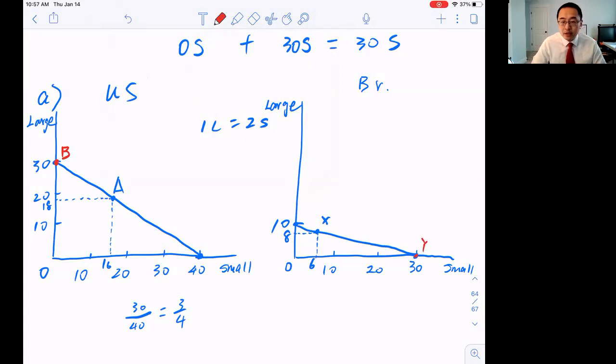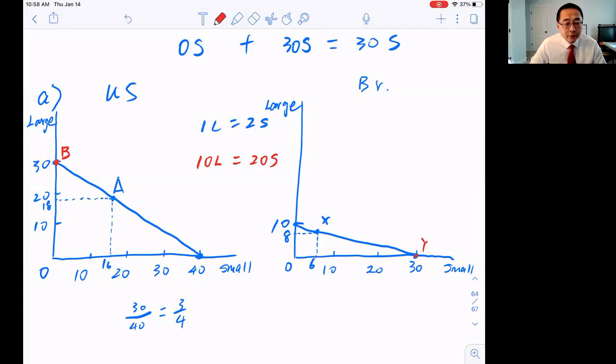Now we come together and trade. We can trade any quantity, the effects are the same, but for simplicity, let's pick a nice whole number. Let's say that the US trades 10 large airplanes with Brazil. So at the terms of trade of 1 large for 2 small, that means we will get 20 small airplanes back when we sell 10 large to Brazil, right?